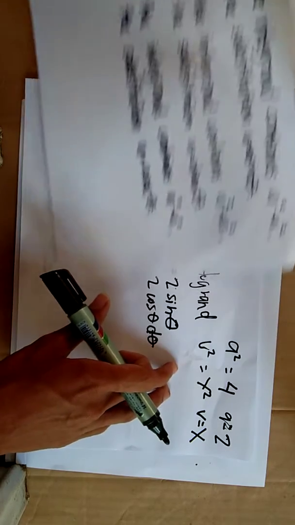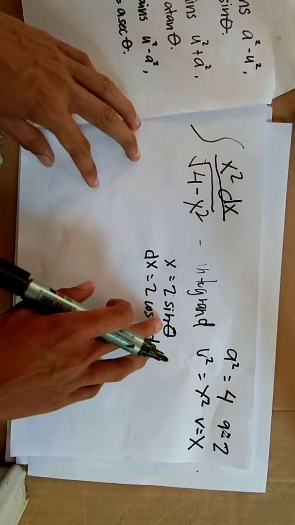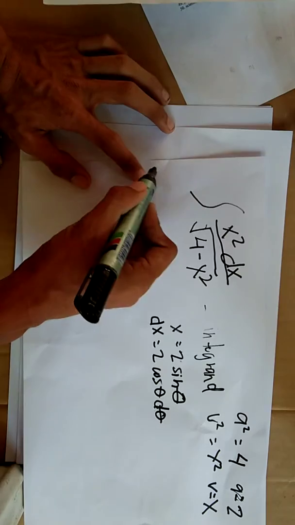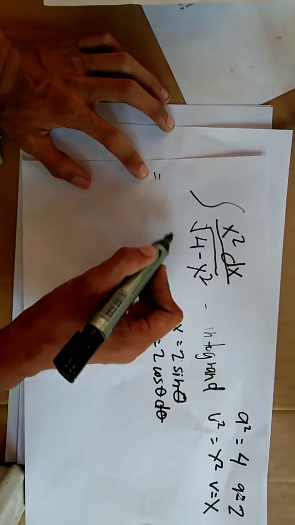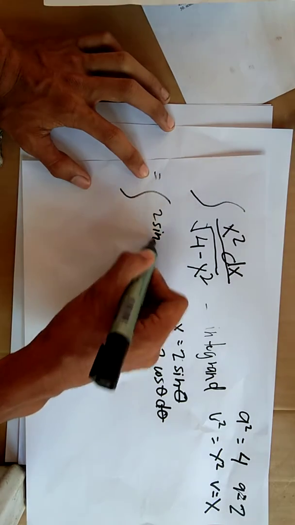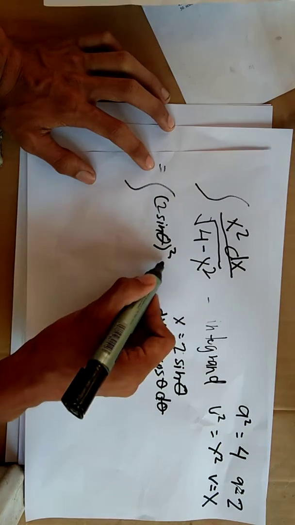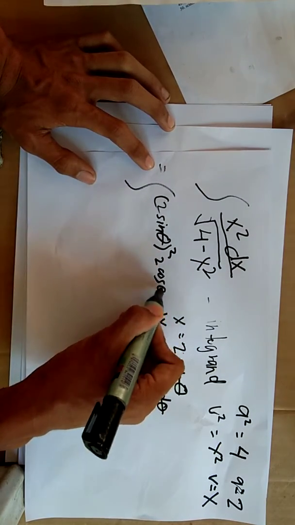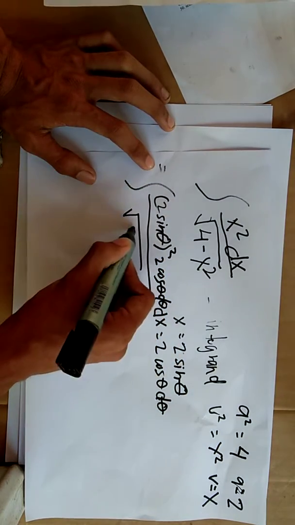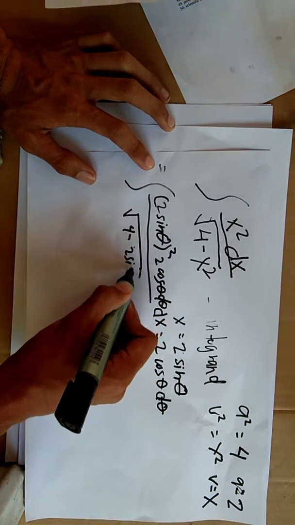Okay, next we will substitute our x and dx in our equation. Since our x is 2 sine theta, then our x squared will be 2 sine theta squared, times dx, 2 cosine theta d theta, over the square root of 4 minus 2 sine theta squared.